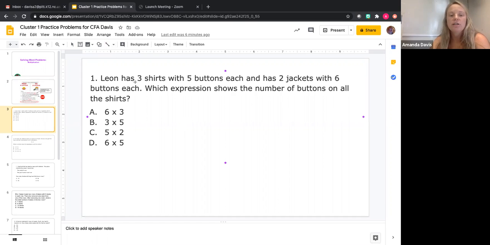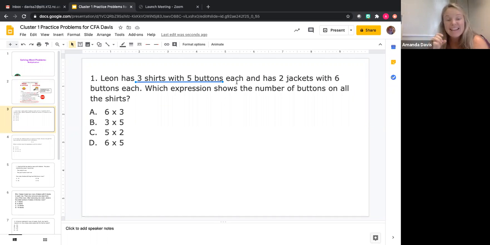Leon has 3 shirts. Well, if they give me a number and this is math, that's probably important. But I can't just underline the number 3 because that doesn't mean anything. 3 shirts, and I'm going to keep going with 5 buttons. So that's important. I know in my head now, this boy Leon has 3 shirts and 5 buttons each.